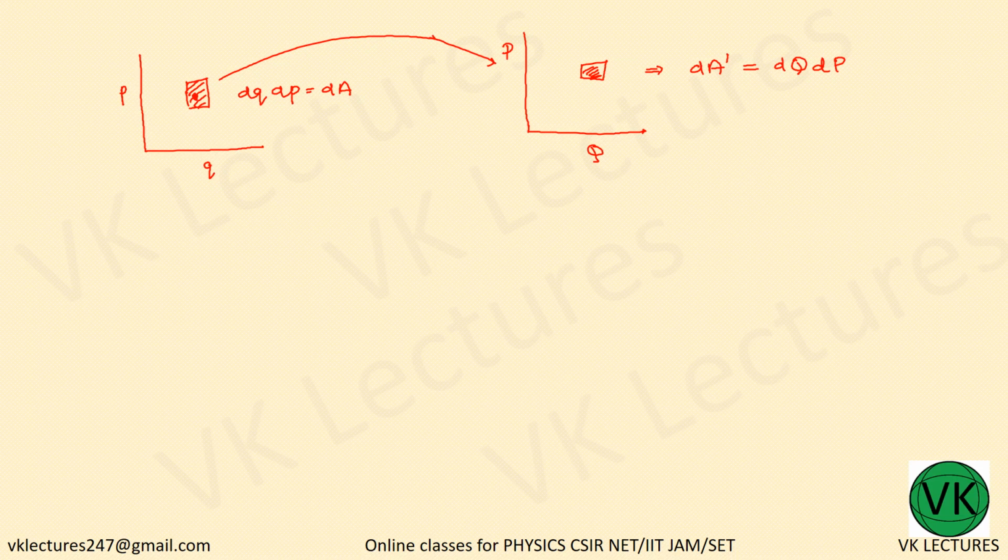Now the relation between dA and dA dash is that dA dash is equal to some constant J times dA, and this constant is nothing but the Jacobian. So the Jacobian times the initial area gives the final area in the other system.